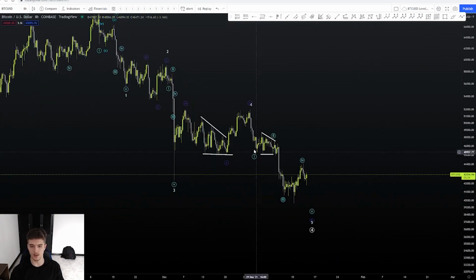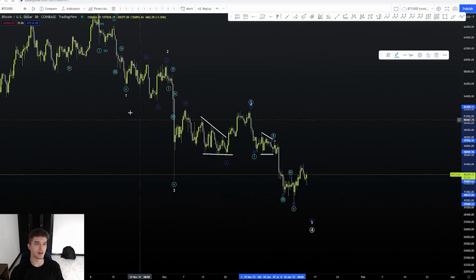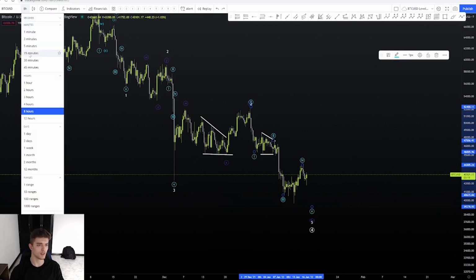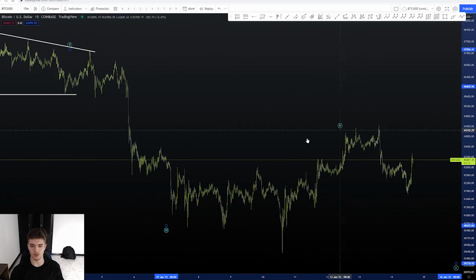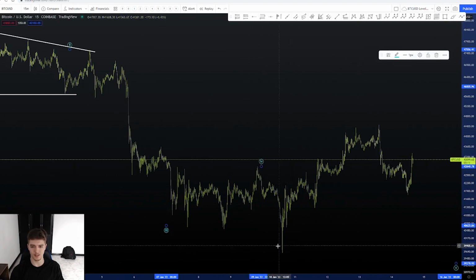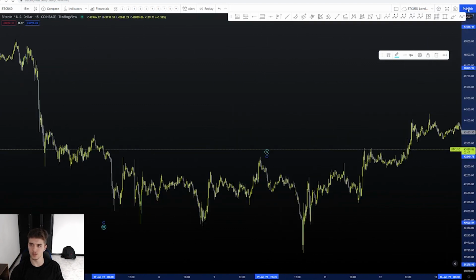You could say that this is wave 1, this is wave 2, 3, 4, or this would actually be 3, 4, 5. The reason I'm not doing that right now is because if you do zoom in, then that last wave 5, if you were to put this 3, 4 here, this last wave 5 does not come in the way of a nice 5-wave impulse.